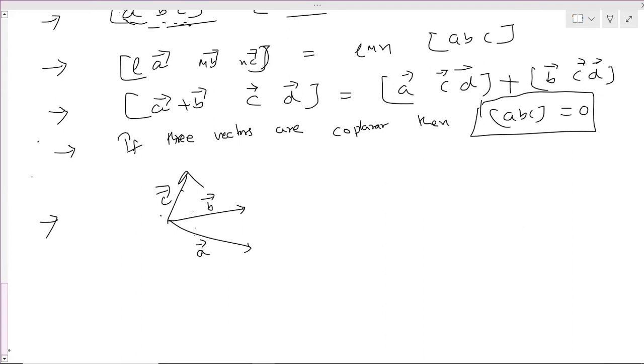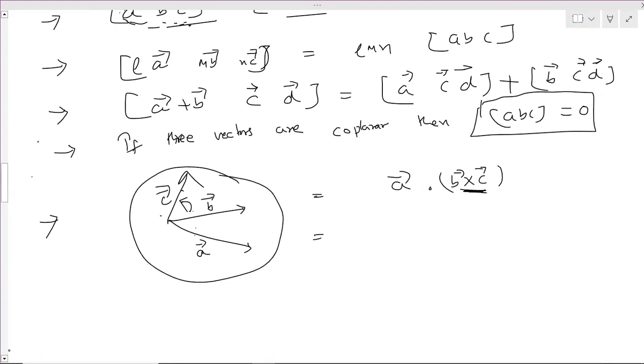If all three are coplanar and I'm using this, then, I gave you this question already. B cross C will be a vector which is perpendicular to the plane containing A, B, C. Then if you take dot product with a vector which is in the same plane, the result will always be 0.